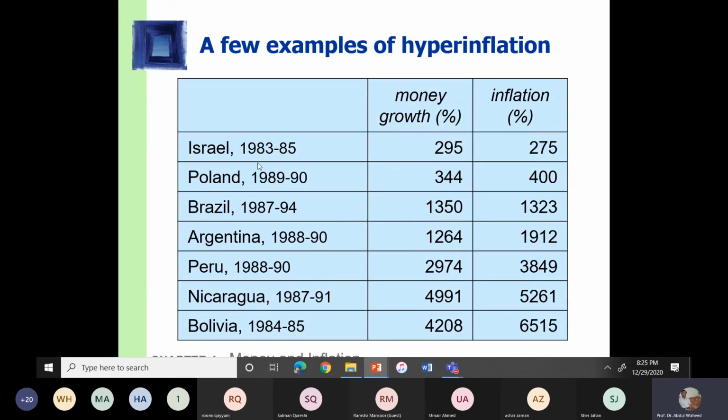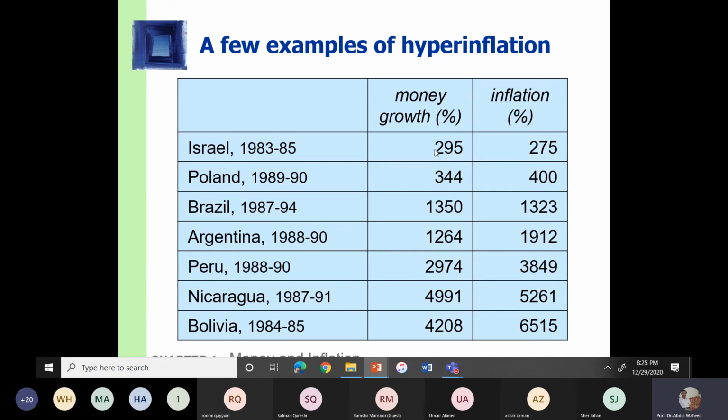So you can see from 1983 to 85 in Israel, the money supply growth rate was 295% and inflation rate was 275%. Poland, this is the money supply growth rate and its inflation rate, 344% and then 400%.